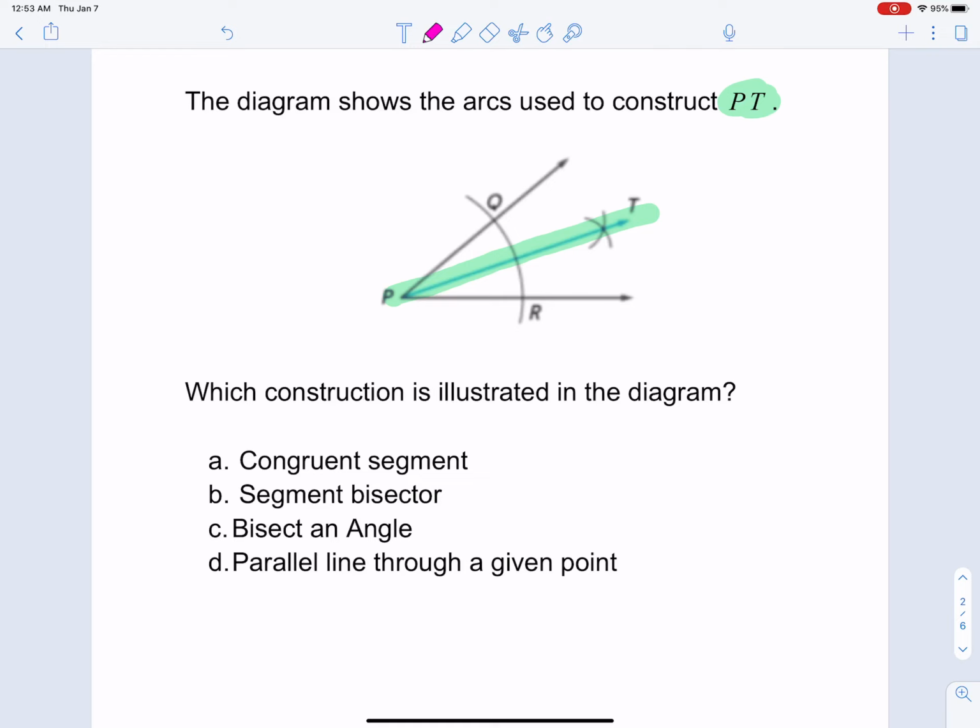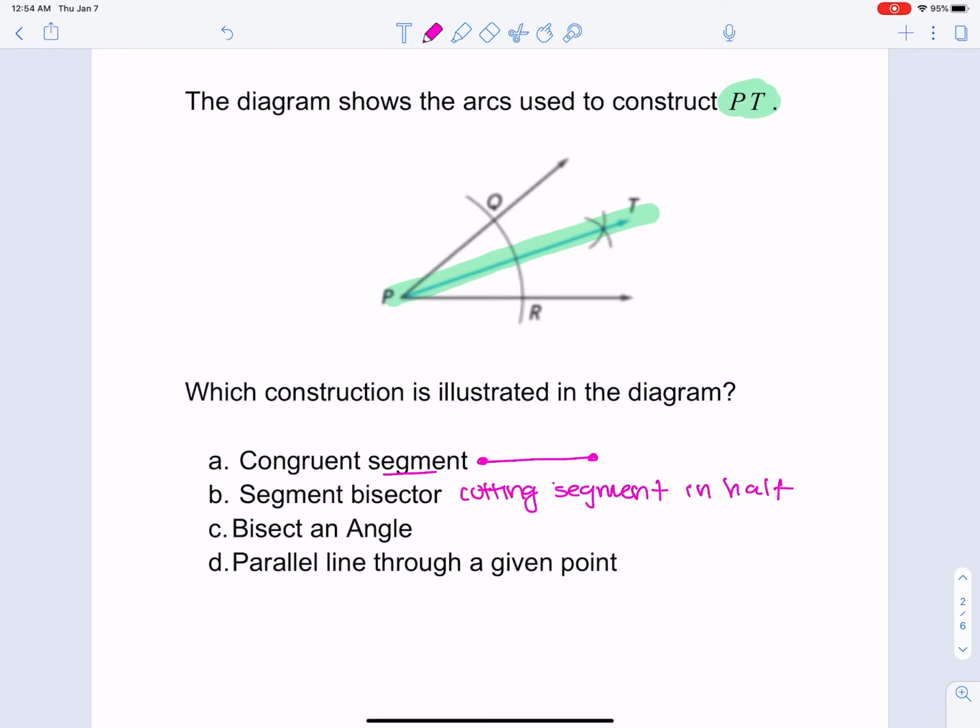So congruent segments. Remember, a segment is a segment like this. Then we have segment bisector, which is cutting a segment in half.